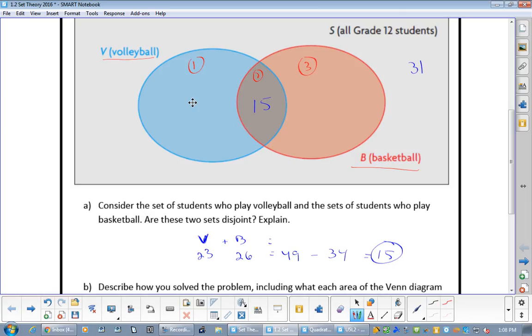So people were putting 23 out here. But that would mean 23 plus 15 people play volleyball. So to find this, I will have to go 23 minus 15 gives you 8. And how about 26 minus 15 would give me 11.